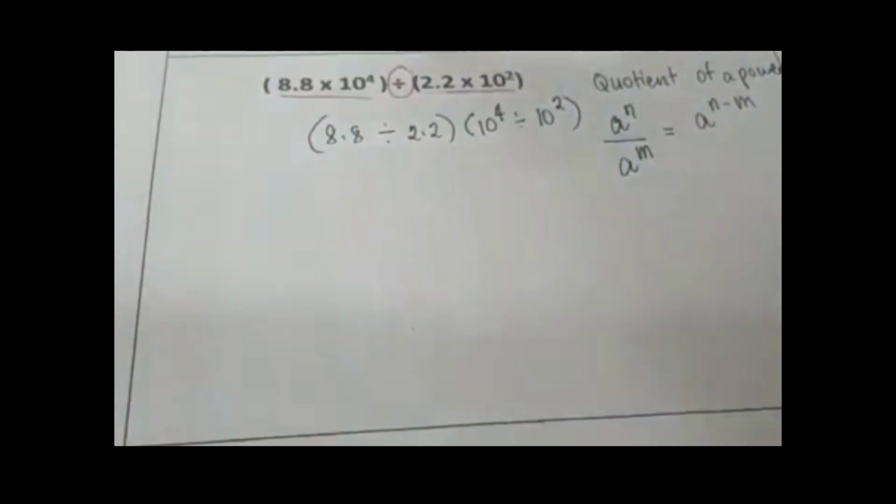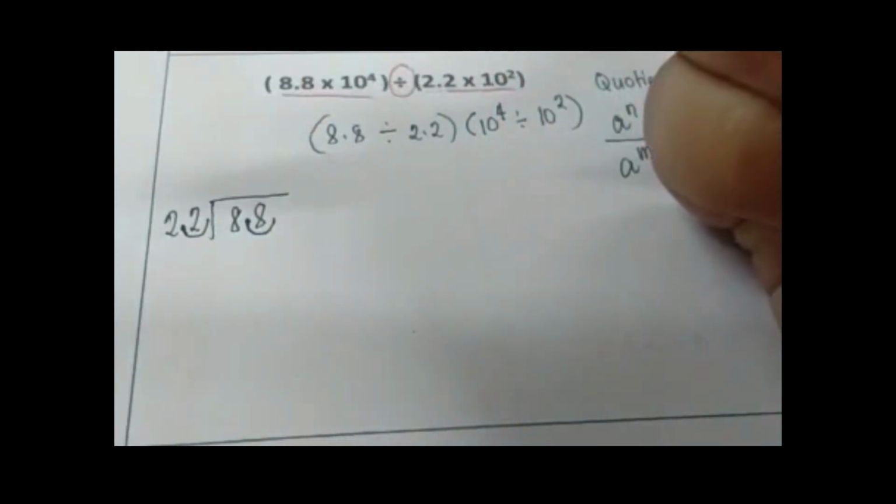What we need to do is divide the first factors, so that will be 8.8 divided by 2.2, and then multiplied by 10 to the power of 4 divided by 10 to the power of 2. So we will first simplify 8.8 divided by 2.2.